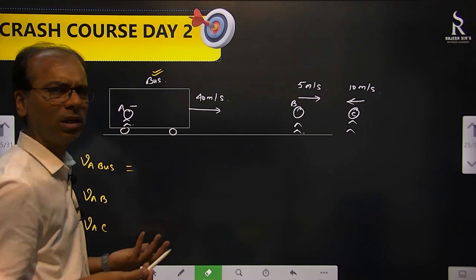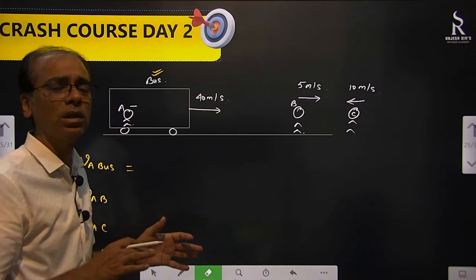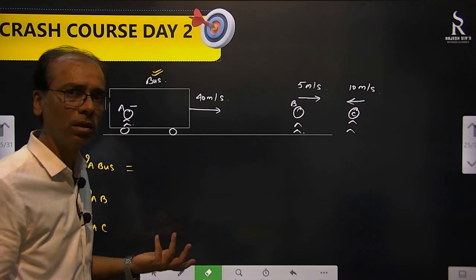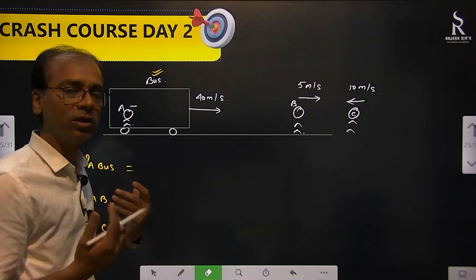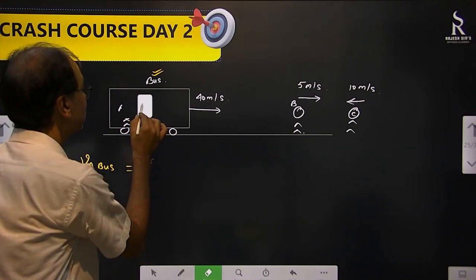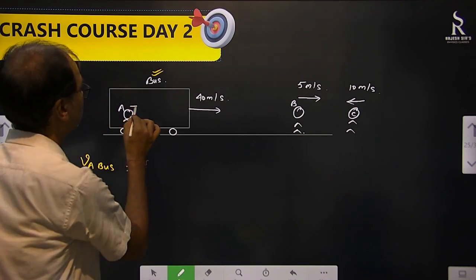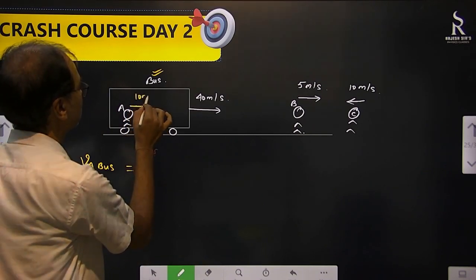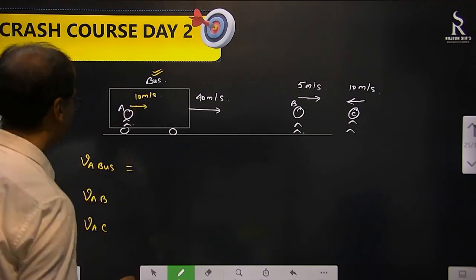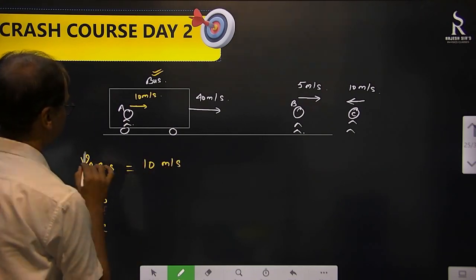He is at rest. If we are going in a bus and we got a seat, then what are we doing? Sitting. We are at rest. So velocity of us with respect to the bus is 0. But now he is saying that A is also moving with 10 meter per second. So we'll say velocity of A with respect to the bus is 10 meter per second.